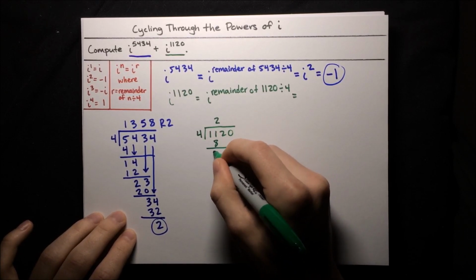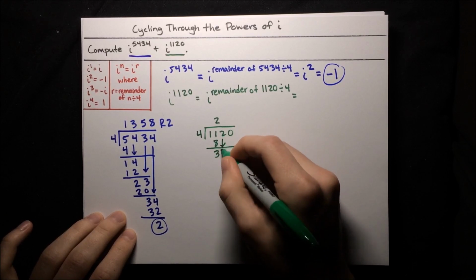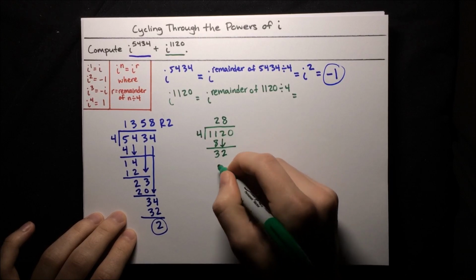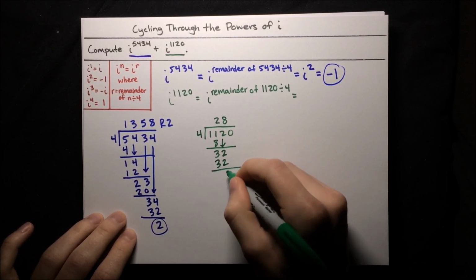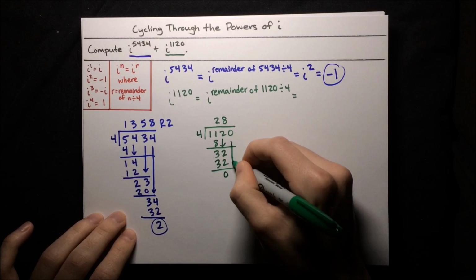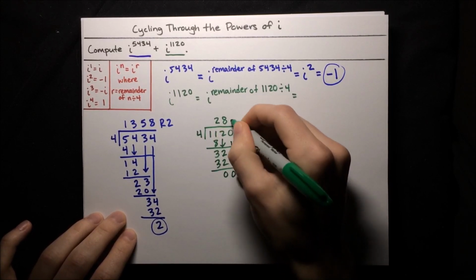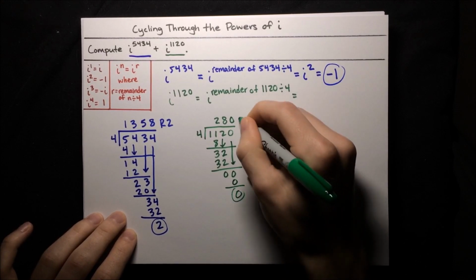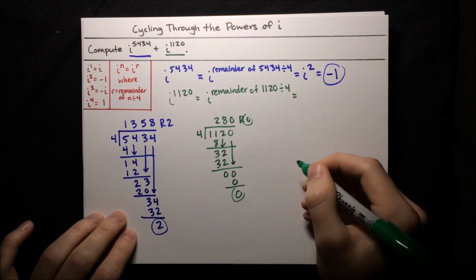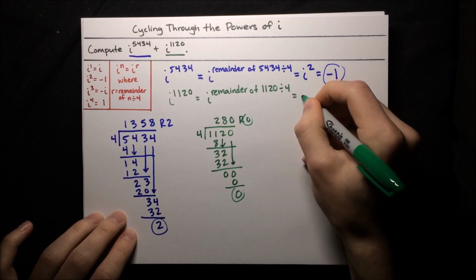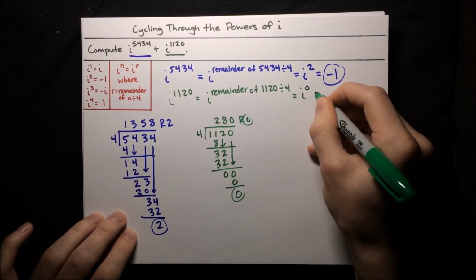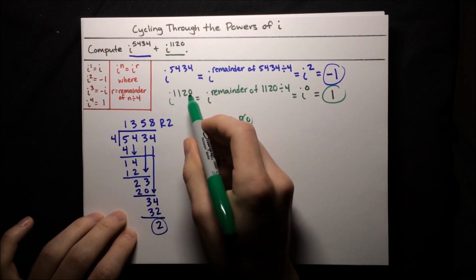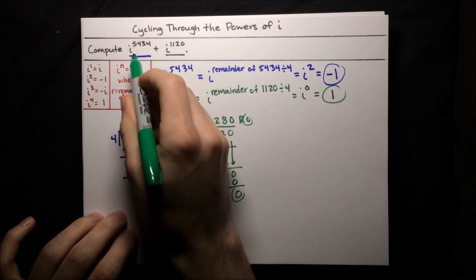Then 11 minus 8 is 3. Bring down the 2 for 32. Then 4 goes into 32 8 times. 4 times 8 is exactly 32. So 32 cancels with that 32, giving us 0. Bring down the 0. 4 goes into 0, 0 times. 0 times 4 is just 0. So 0 is our remainder here. So then this is just I to the 0, and anything to the 0 power is just 1.